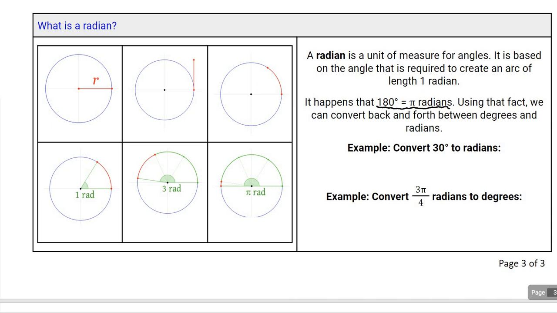We write these as fractions. So we would write this as pi over 6.